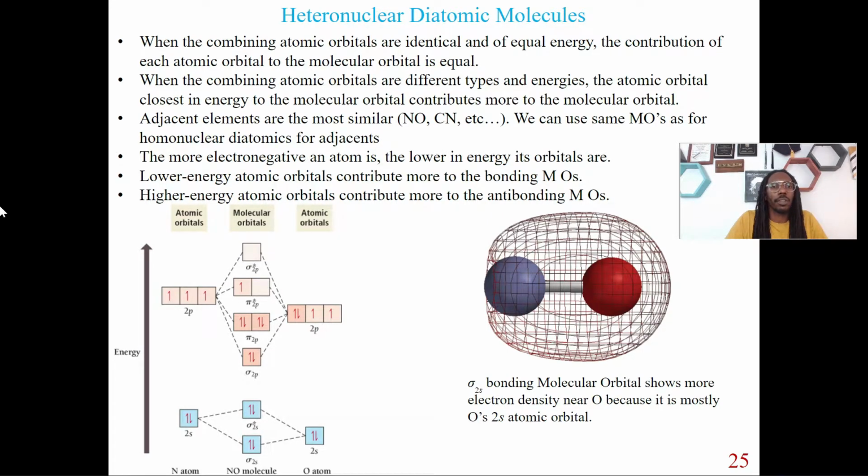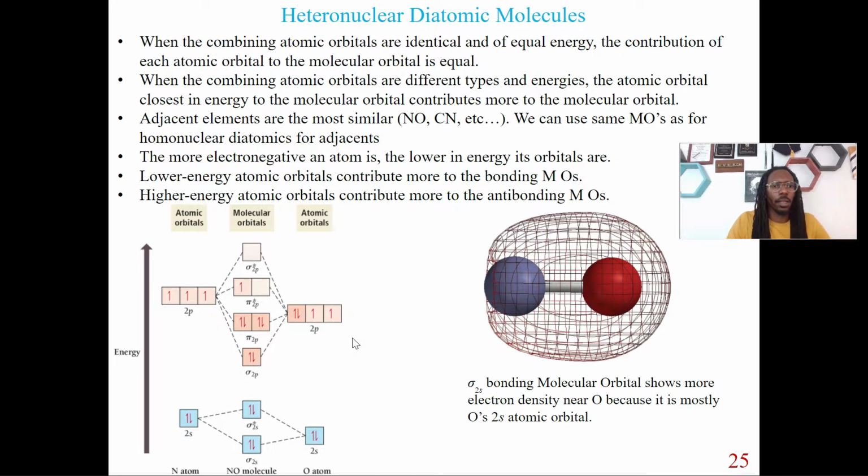Now, the more electronegative an atom is, the lower in energy the orbitals are going to be. So when it comes to molecular orbitals, as far as how you're drawing them, the electronegativity is going to impact it. Look at this example down here: nitrogen and oxygen forming nitrogen monoxide.